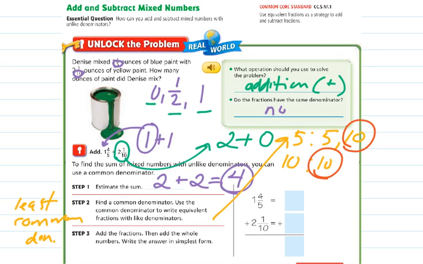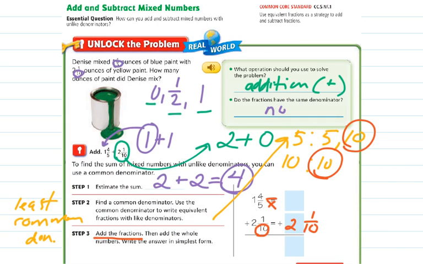So right off the bat, we see that 2 1/10 already has 10 as a denominator, so we can simply leave the fraction as is, 2 1/10. However, we do not have that being the case with 4/5, so we have to rewrite the denominator. So step 3, it says we can add the fractions after we've rewritten the denominator.